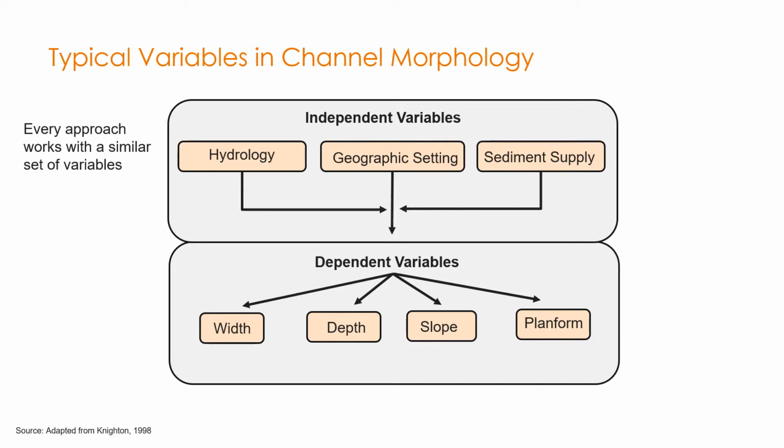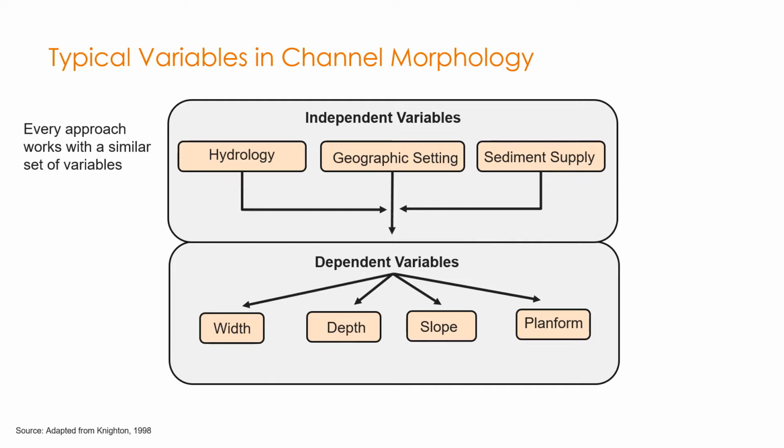Independent variables are things such as hydrology, like how much water is moving through your system, and geographic setting: how steep is it? Is it in a really confined valley? Does it have good floodplain access? Sediment supply: is there a lot of material moving through your system on a regular basis?